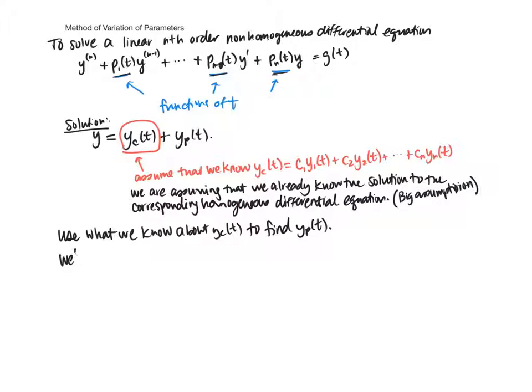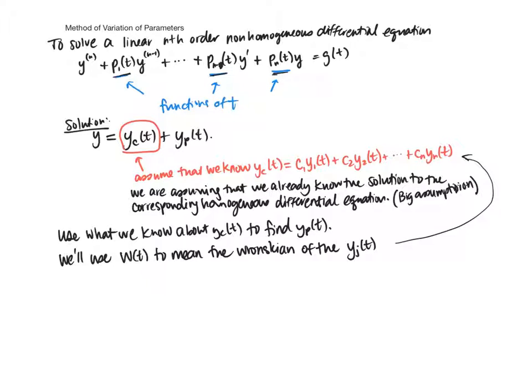So we'll use W of t to mean the Wronskian of the yj of t's, which are these functions up here that are the pieces of the complementary solution.